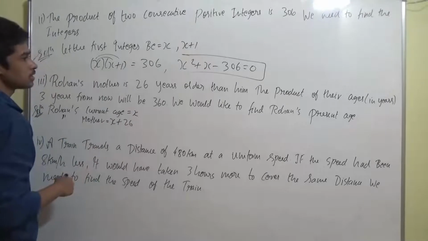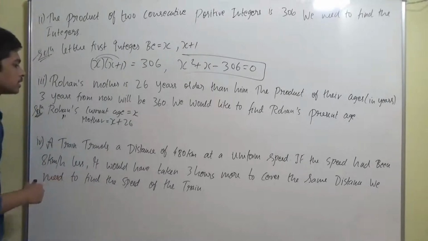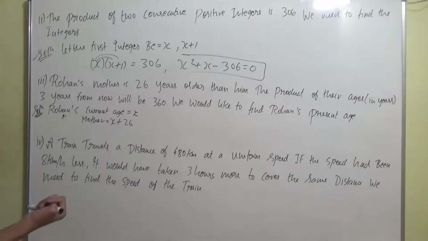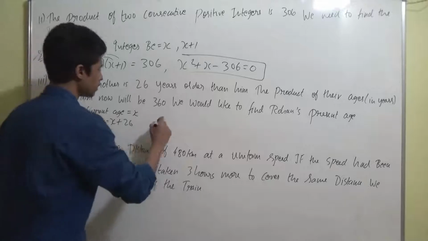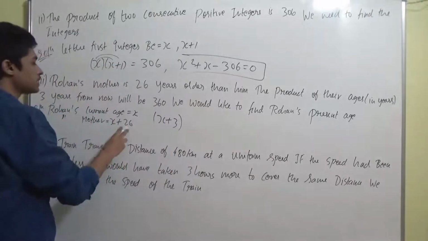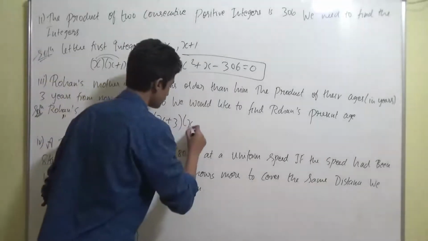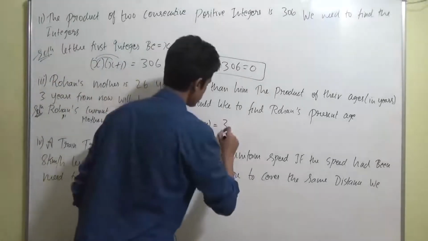Correct? Now, the product of their ages 3 years from now. This was the current age. 3 years from now means x plus 3 and also x plus 26 plus 3, that is x plus 29, is equal to 360.